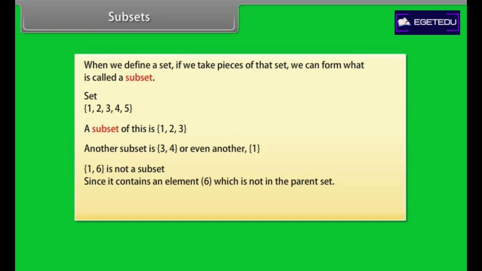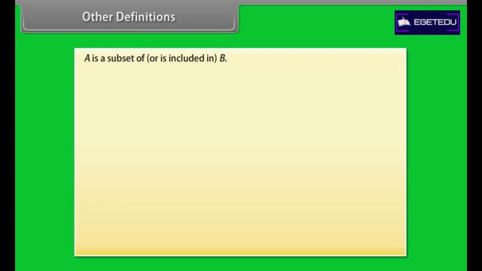In general, A is a subset of B if and only if every element of A is in B. Other definitions. A is a subset of or is included in B, denoted by this symbol.